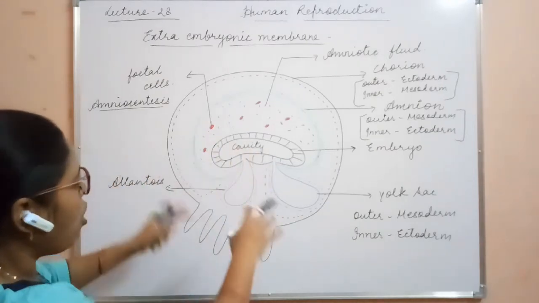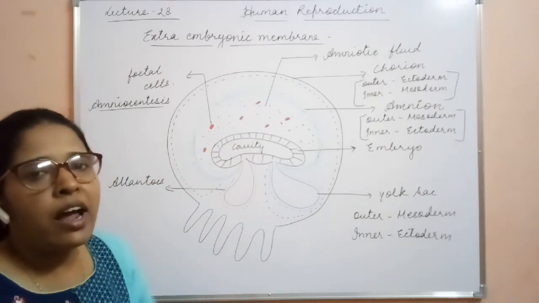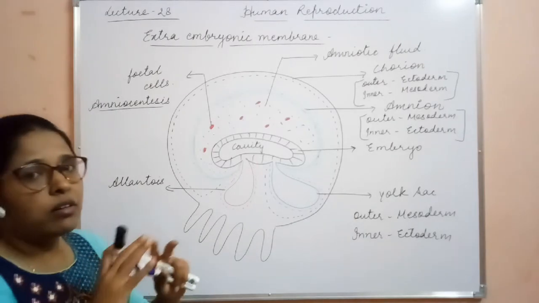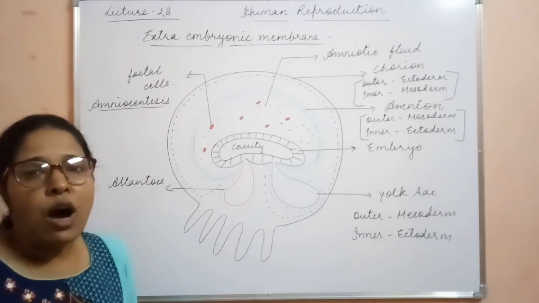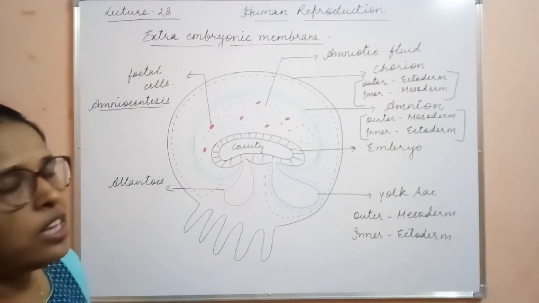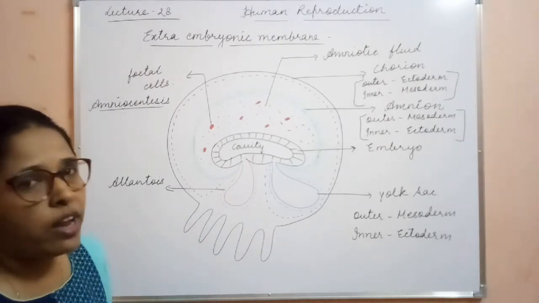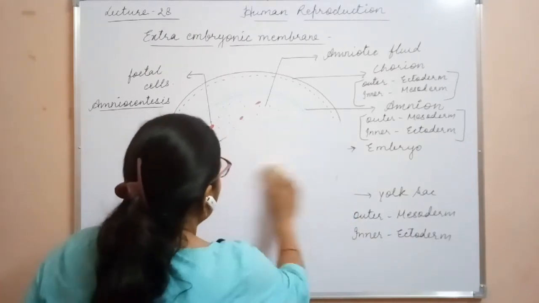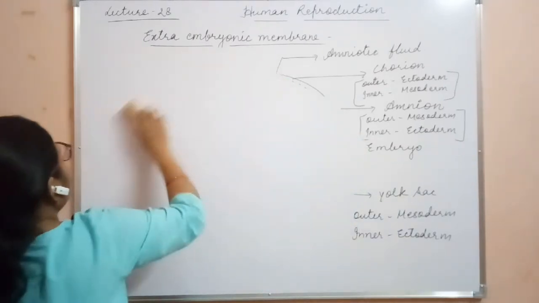So this is all about the extra embryonic membranes which surround the embryo. Clear? Now come to the function of these extra embryonic membranes. We will discuss the function of these membranes one by one.